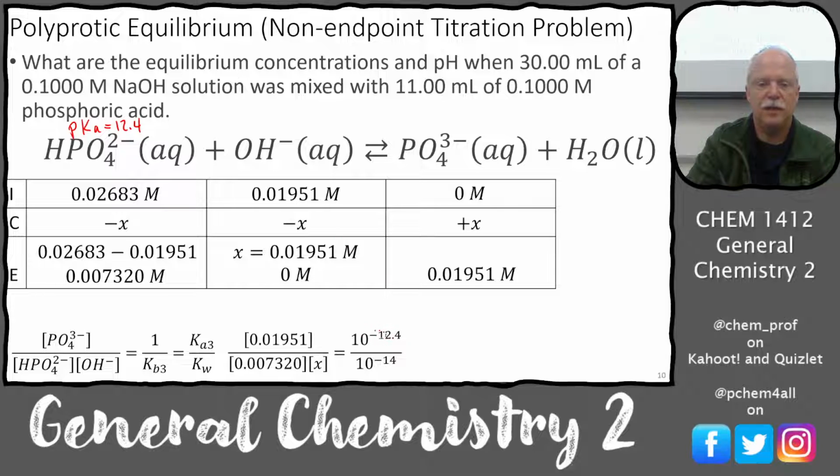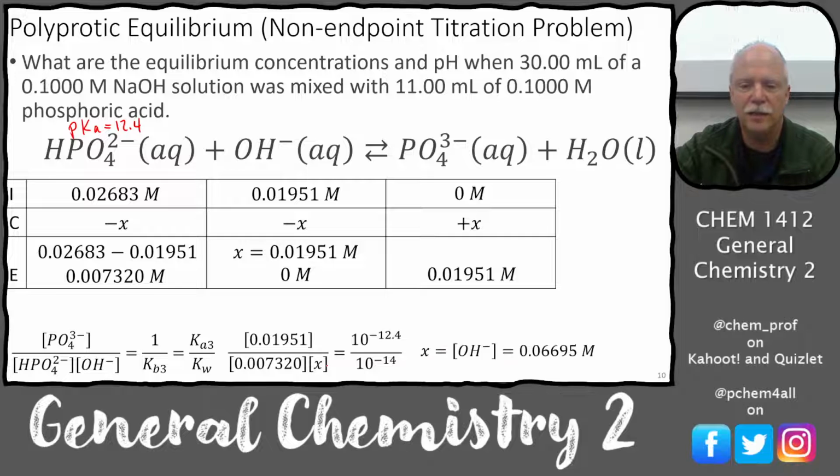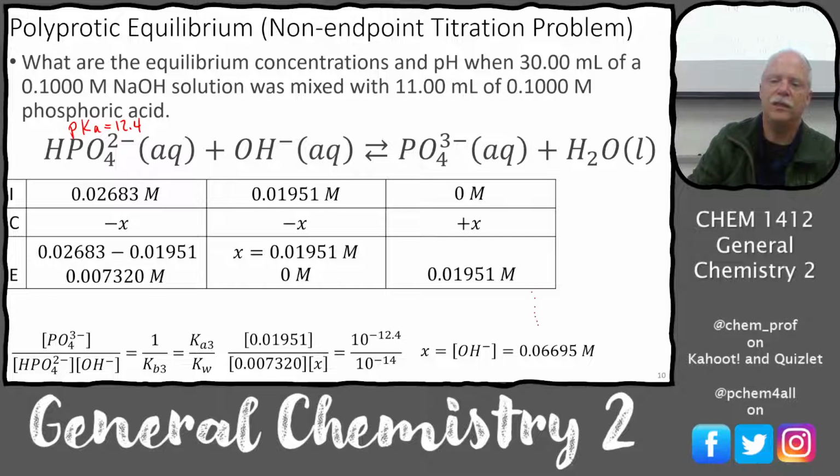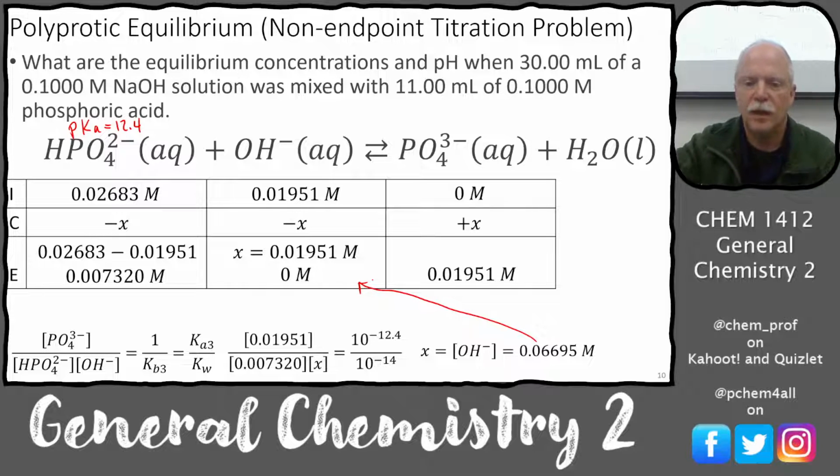We know this Ka value here, the water, we have the concentration of the product, we have the concentration of the reactant, and we're solving for the hydroxide ion concentration. So it's 0.06695. So that's a pretty big number. So that would go here. Okay.